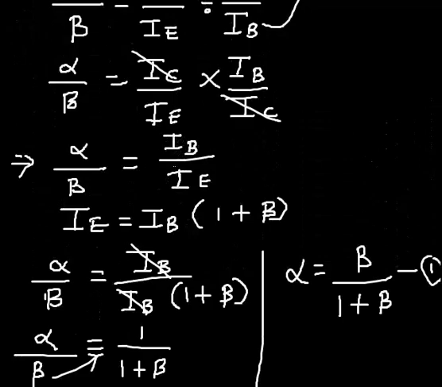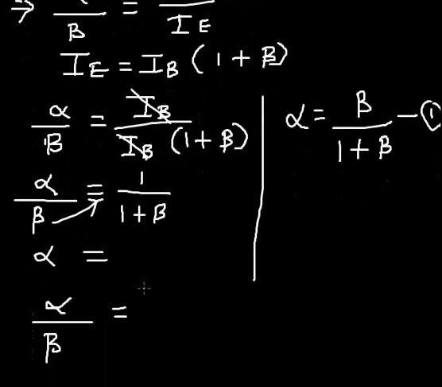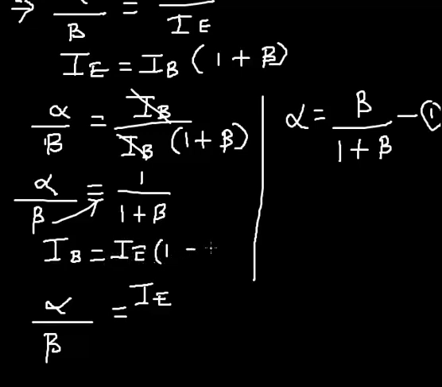You know that IB is equal to IE, then bracket open 1 minus alpha. Hope you can still remember that. That's exactly what I'm going to do now.